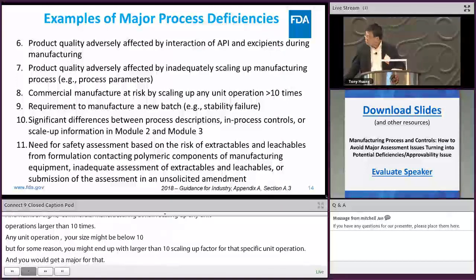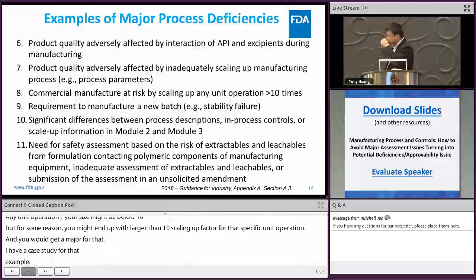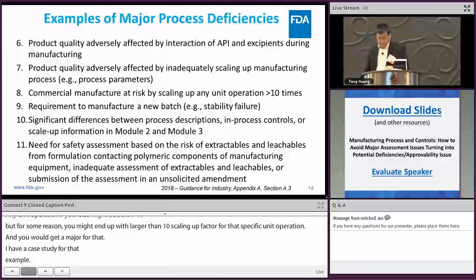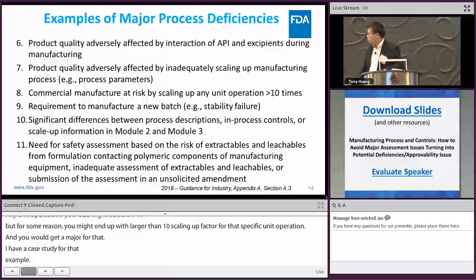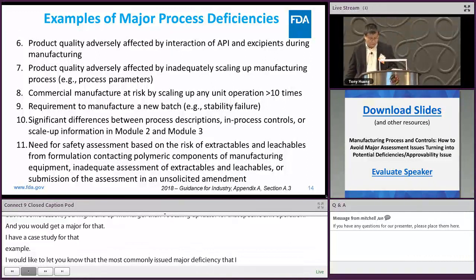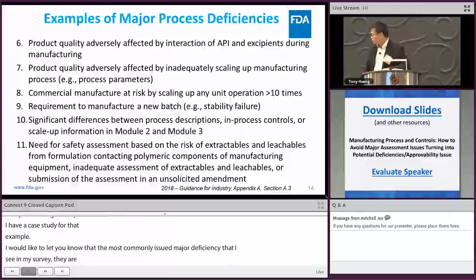And also I'd like to let you know that the most commonly issued major deficiencies that I see in my survey are number 3, number 7, number 9, and 11. Number 11, you might also see this trend in recent years.